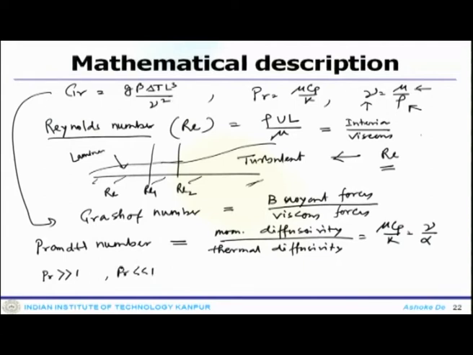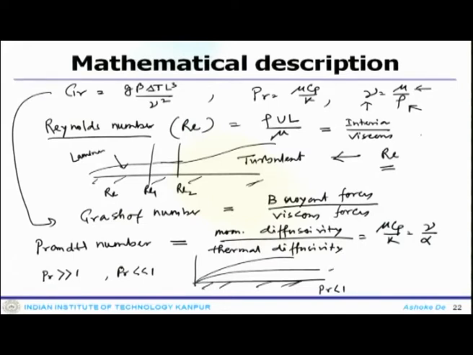If the flow evolves over a flat plate, then these are the two layers. If Prandtl number is less than 1, that means your momentum diffusivity is less than the thermal diffusivity.